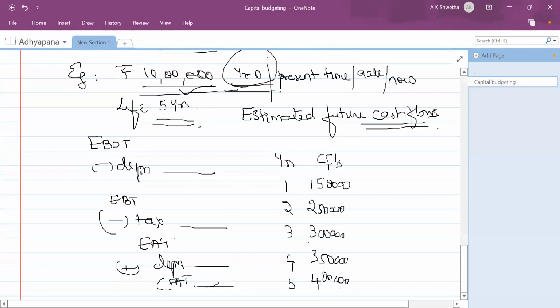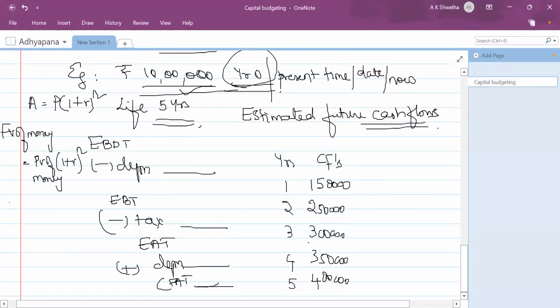It is based on a simple concept of time value of money. You might have learned from your childhood A is equal to P into 1 plus R to the power of N. This is the compound interest formula. So this A, I can write it as future value of money is equal to present value of money, which is compounded at a rate of return for n years, right?